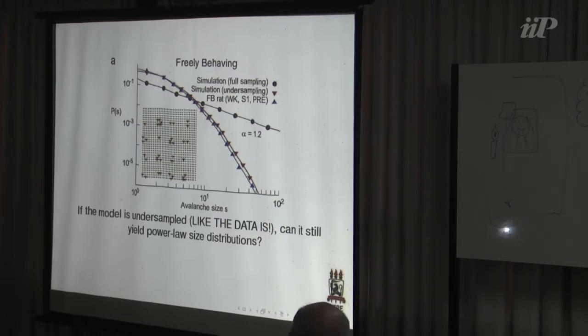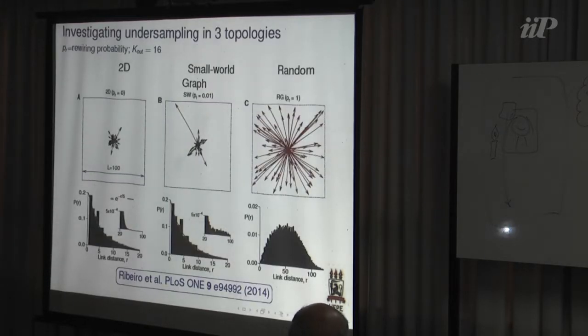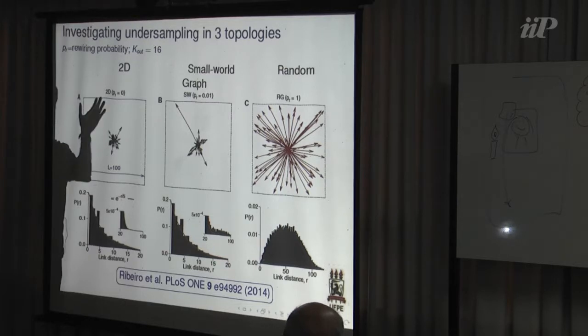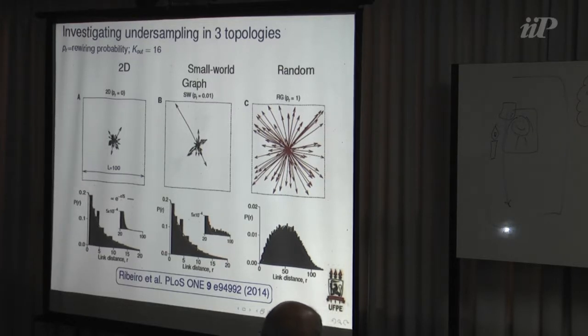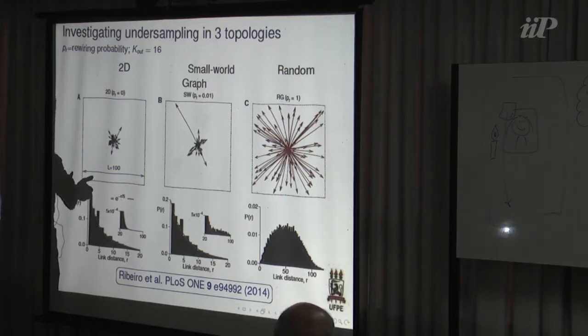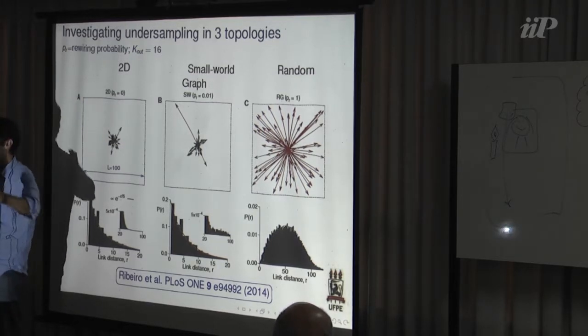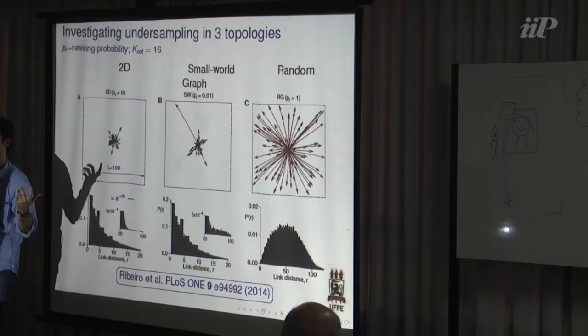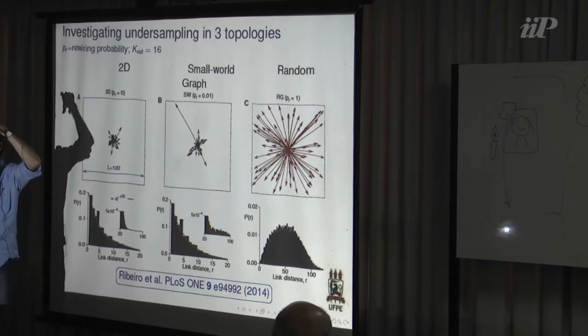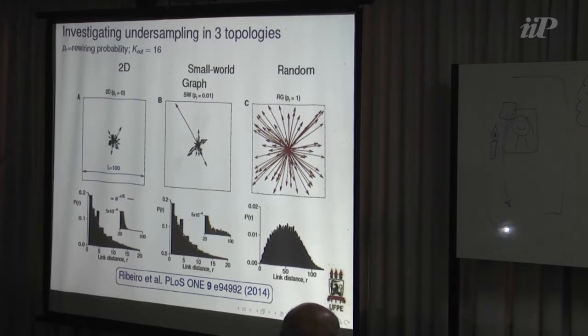So can I still get power law distributions? Again, power law is not everything. We know that. But the thing is, we do have power laws experimentally. And this has been the model, what I call the theoretical workhorse in the field. This is how we understand and explain what's going on. So just to be sure, we take 3 different topologies.